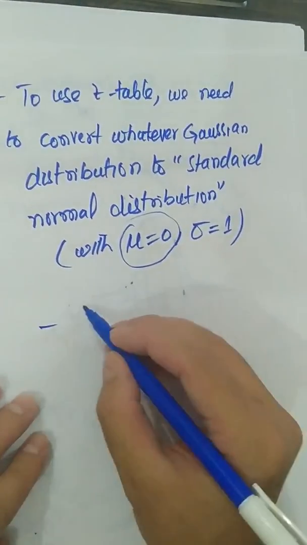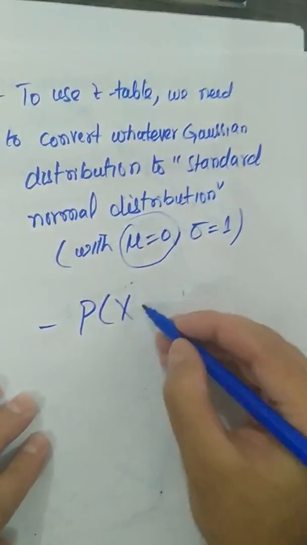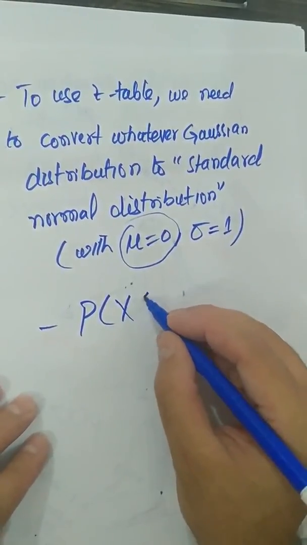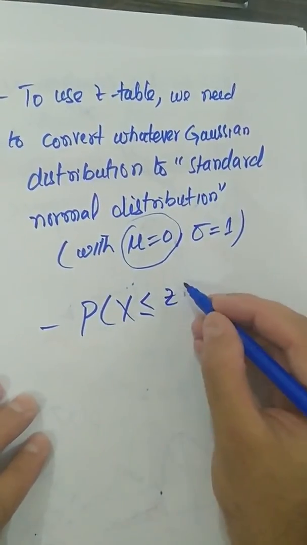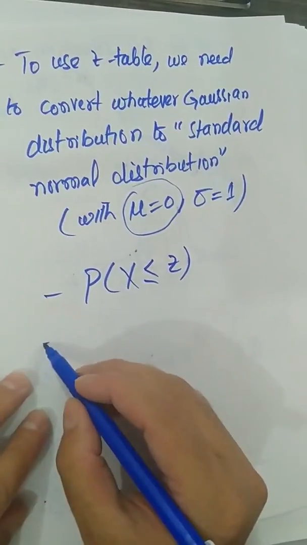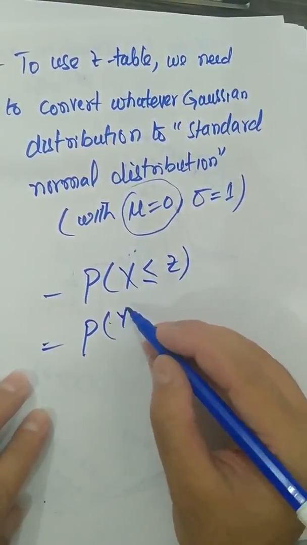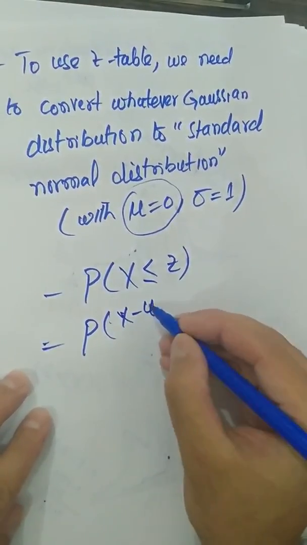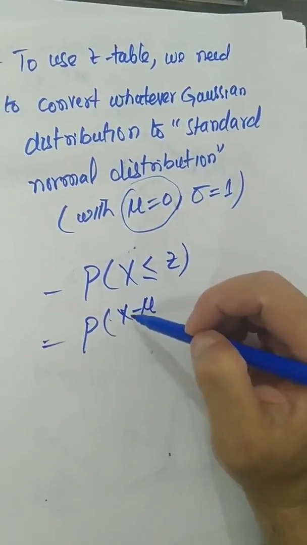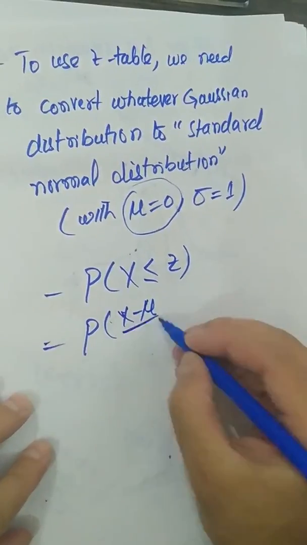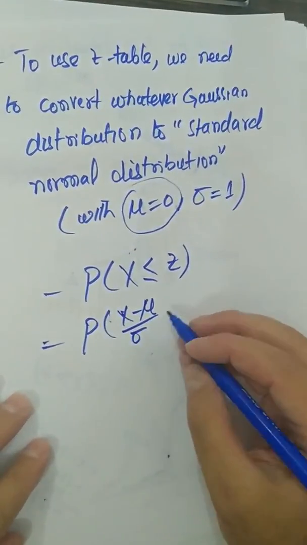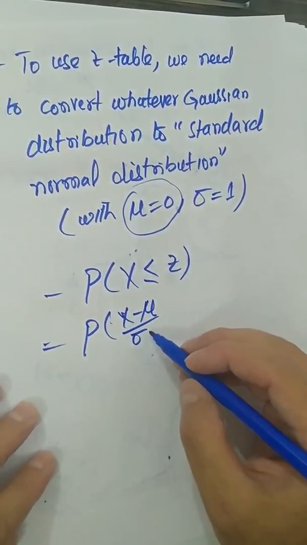Suppose we have to find the probability of the random variable x less than or equal to z. The next step is we subtract mu from the random variable and then divide by the standard deviation sigma.